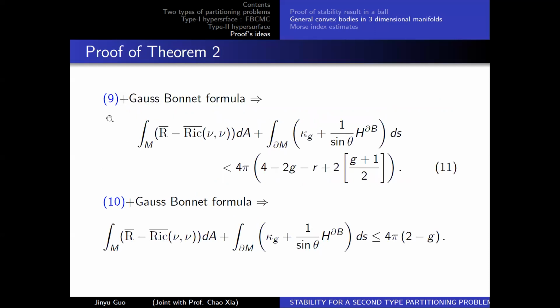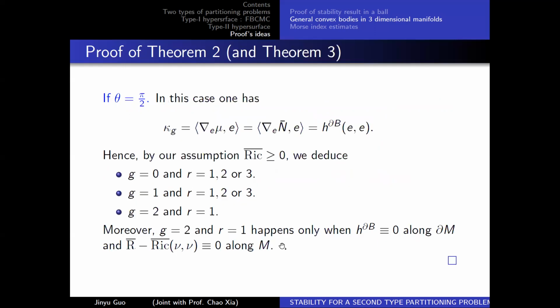And from 9 and the Gauss-Bonnet formula, we can imply this strict inequality 11. And from 10 and the Gauss-Bonnet formula, we can imply this equality holds. In particular, if theta is a right angle, in this case, we have the geodesic curvature kg equals the second fundamental form of boundary B along E. Therefore, from our assumption, the radial curvature of the ambient manifold is non-negative.